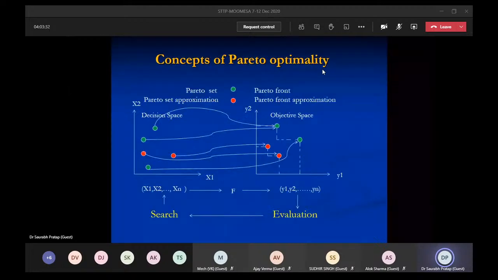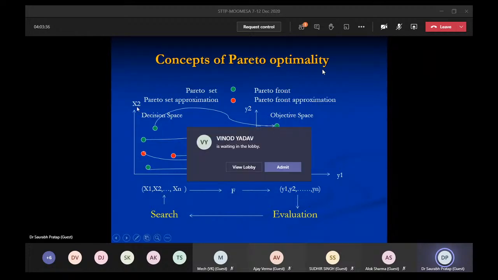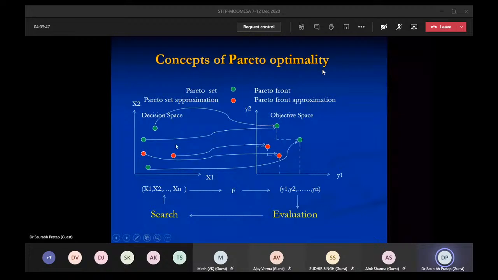Now, the concept of Pareto you can easily understand. Let us assume we have a two objective function, x1 and x2, and this is a decision space. Okay, this is a decision space, and these are the solutions. These are the Pareto fronts, and these red dots are the Pareto front approximation.